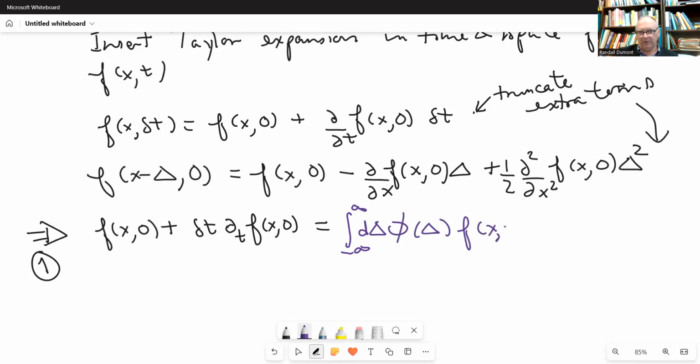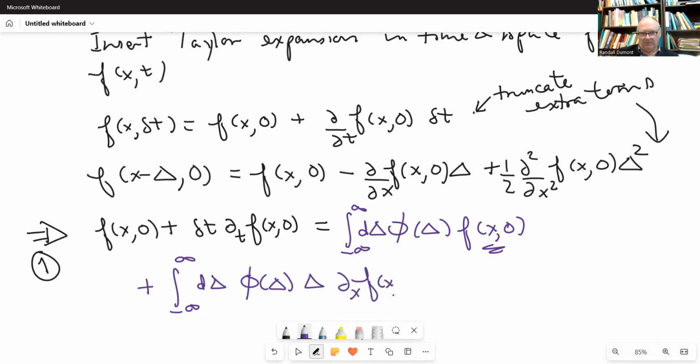f of x0. This has no delta in it, so this is just going to be the integral of phi delta. Next term, integral phi delta times delta times the derivative with respect to x of f. And that, again, has no delta in it, but there was a change in sign. There was a minus sign here.